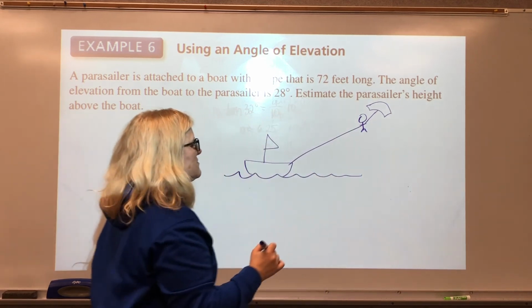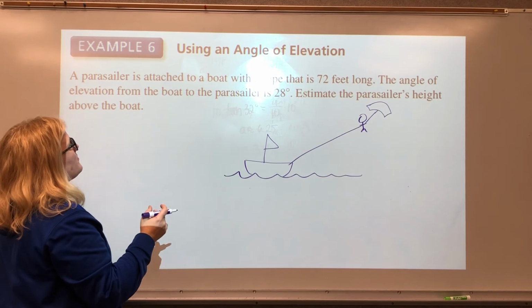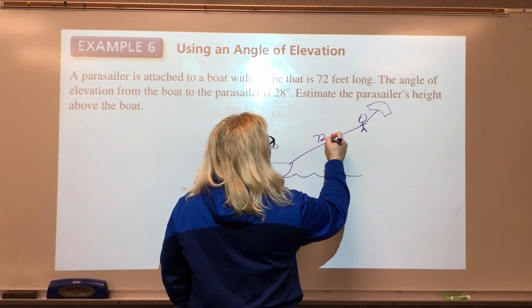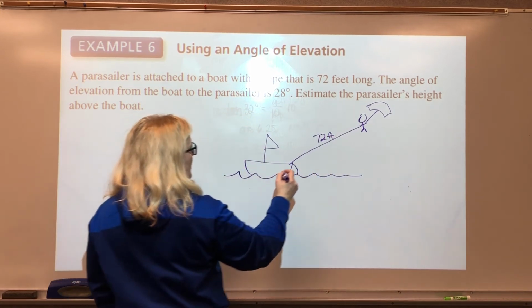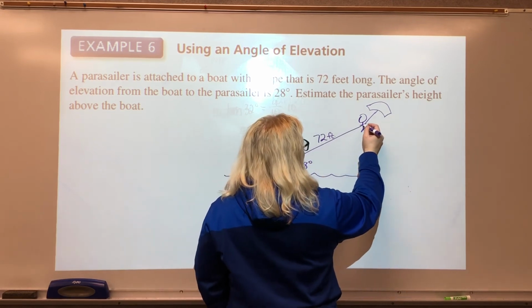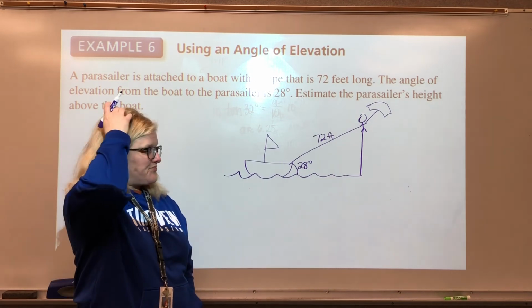Anyway, there it is. Okay, and I know that this rope is 72 feet long, and it tells me that this angle right here is 28 degrees. So we want to know how high up this parasailer is.